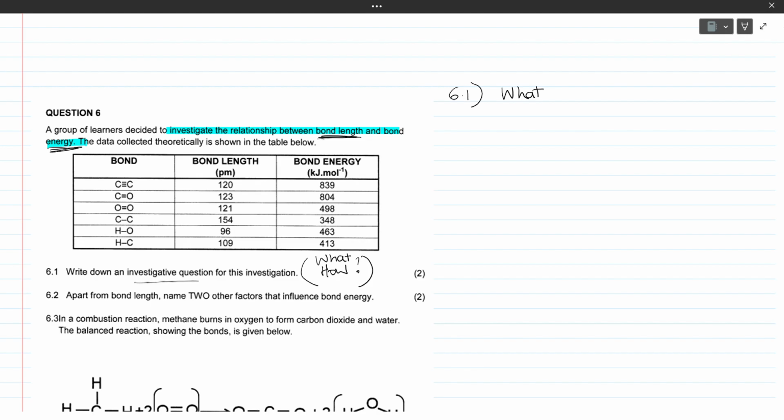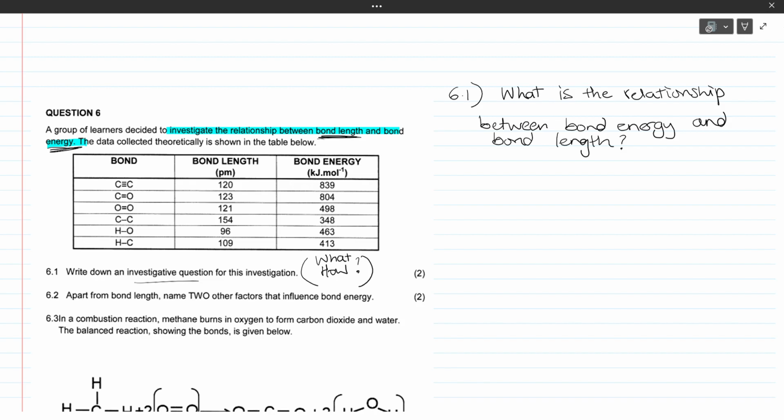So a simple way of describing this would be, what is the relationship between bond energy and bond length? Okay, and don't forget to also include the question mark.